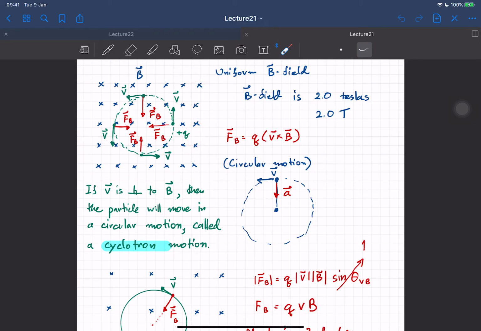So this indicates that the magnetic field is pointing into the page. Let's say the magnetic field is 2 Tesla, and Tesla is the SI unit of magnetic field. Let's say you are looking at the particle at this point here, and at this point the particle is going up with this velocity vector.